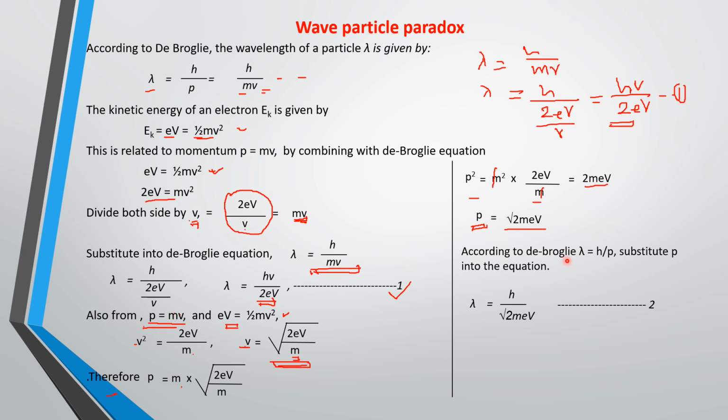According to de Broglie, lambda is h over p. So substitute for p into the equation, and you have lambda will now be equal to this. From this wave particle paradox, we have been able to derive two equations that are very, very key and important. This is one of them, and this is the second one. Please take note of these two equations, as we'll definitely use them to solve some problems.